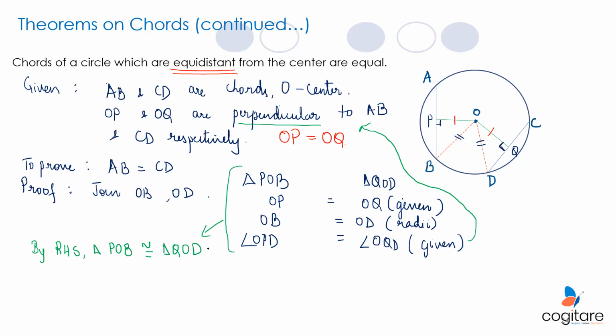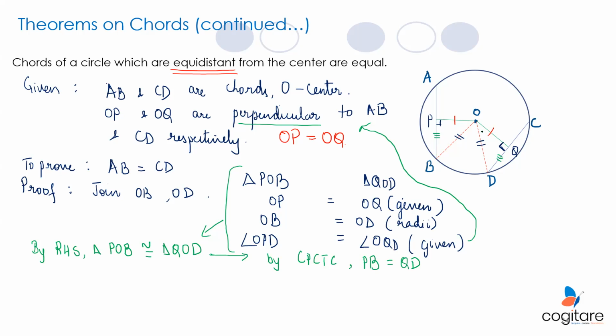Cool? Okay. So if they are equal, guys, then as an outcome by CPCTC, what's important to observe is that PB will become equal to QD. Am I right? PB will become equal to QD. Well, I'm marking this after I've proven it.